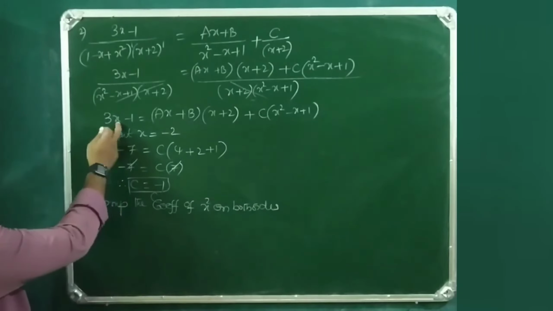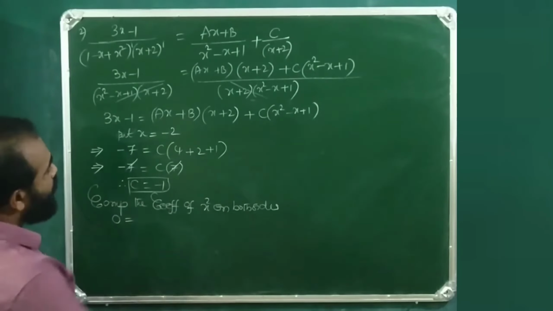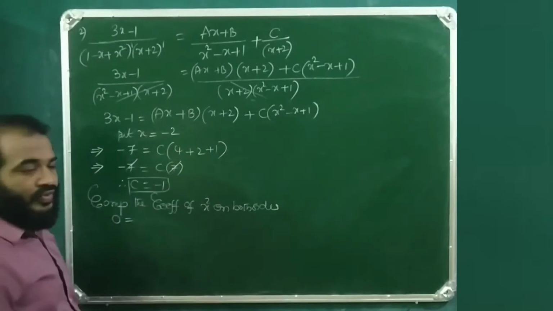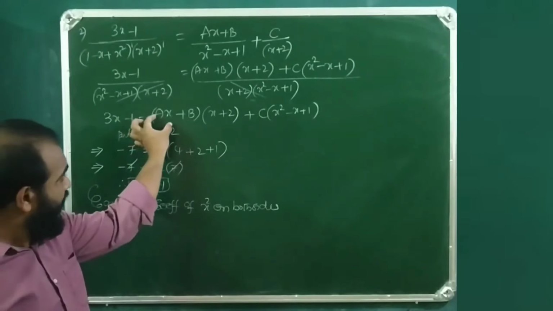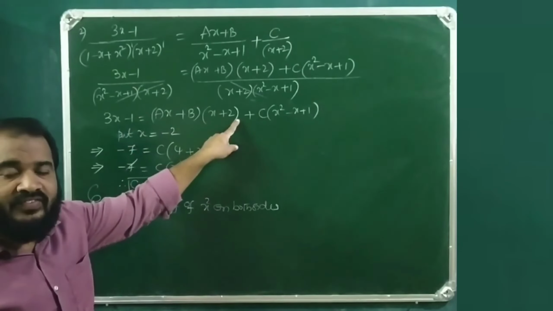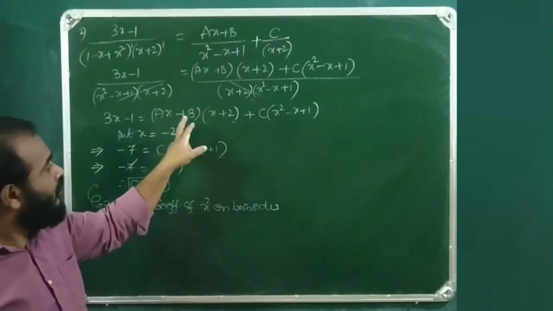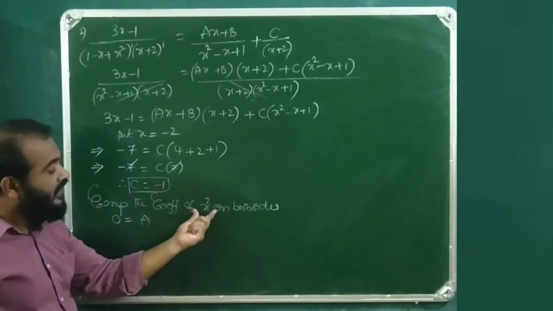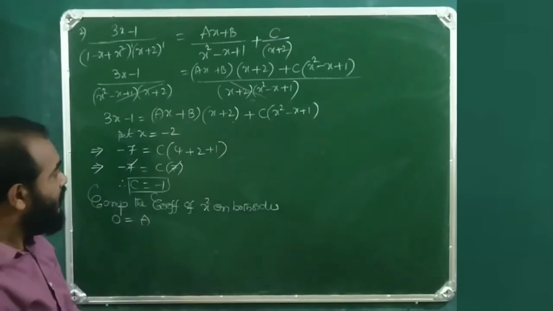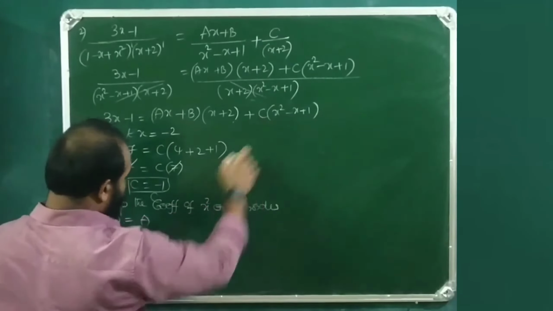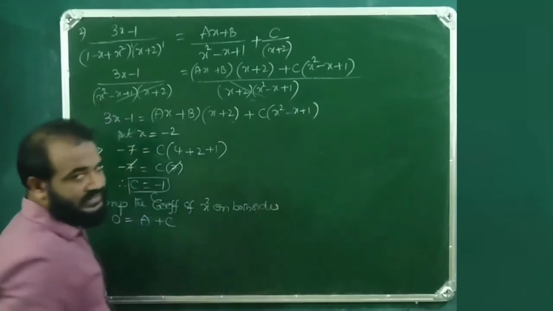Here we don't have an x square term on the LHS, so 0 equals. ax into x, ax square, the x square coefficient is a. Other than this we don't get anything, because ax into 2, 2ax, that is an x coefficient. b into x, bx, x coefficient is b. But here we are taking the coefficient of x square only. So b into 2, 2b, is a constant. And c into x square, cx square, so the x square coefficient is c. Other than this, the x term is the x coefficient, and this is a constant.